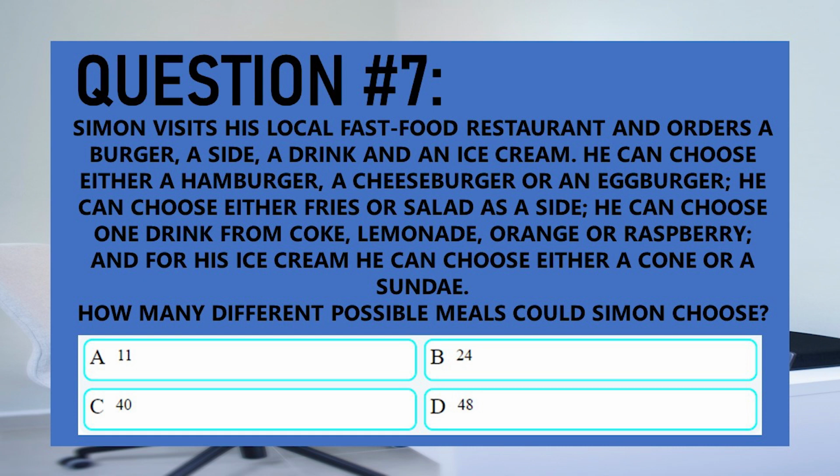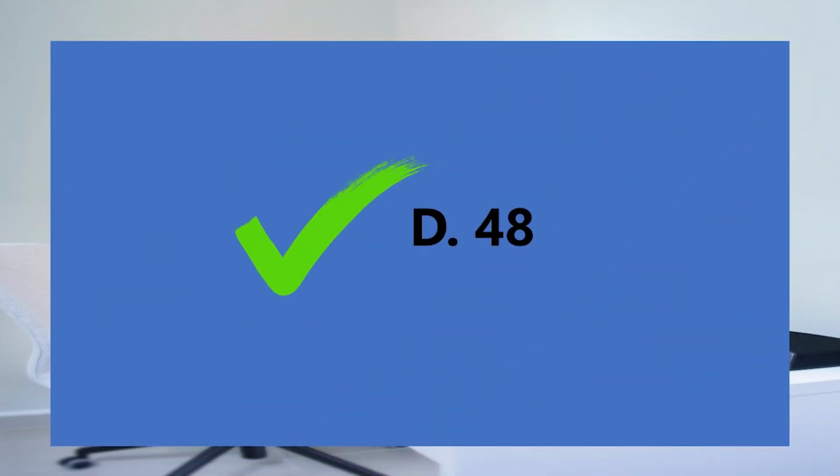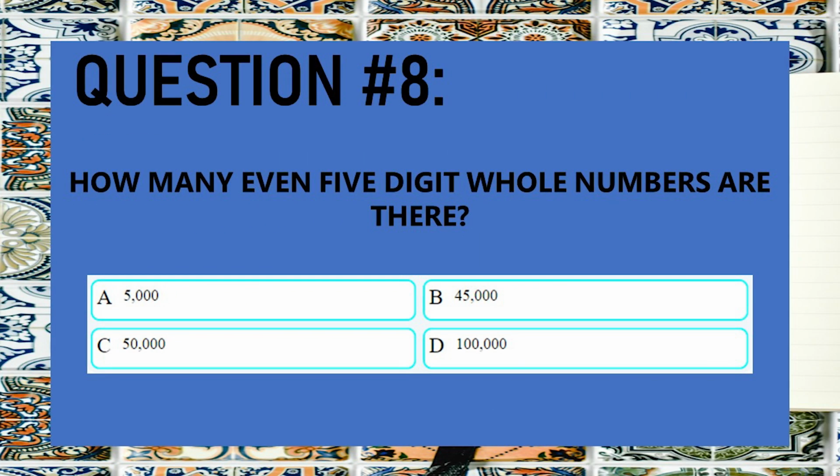Letter A, 11. Letter B, 24. Letter C, 40. Or letter D, 48. And the correct answer is letter D, 48. Question number 8. How many even 5-digit whole numbers are there?